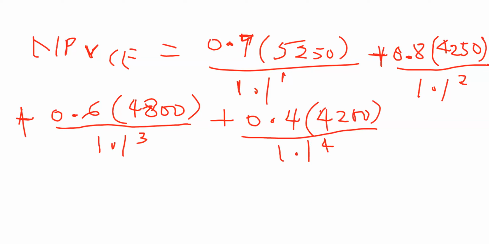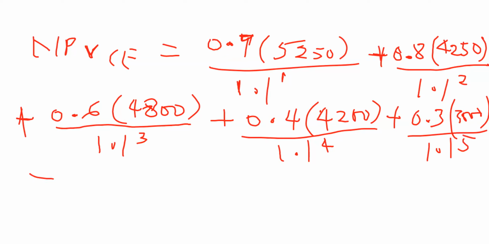Raised to power 4. And finally, plus 0.3, I believe, times 3,000, Abby. Yes, sir. Minus our CO. Our CO is 7,500.